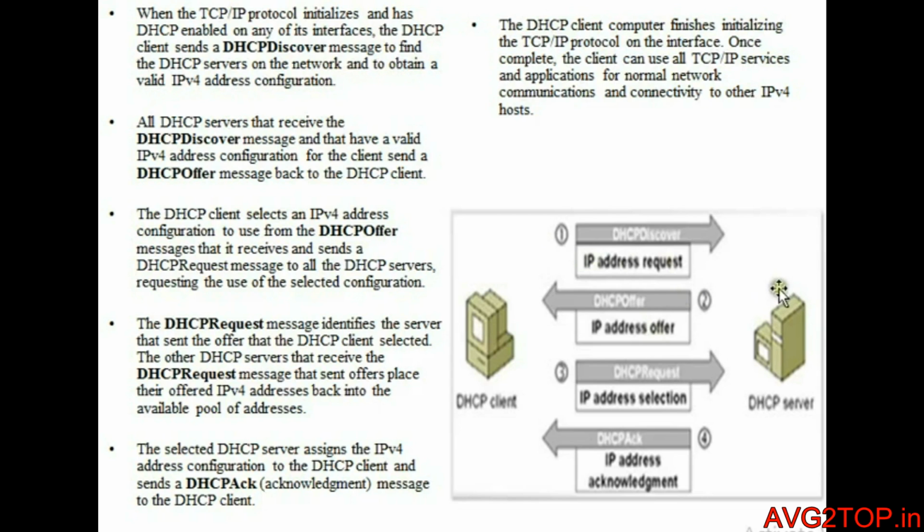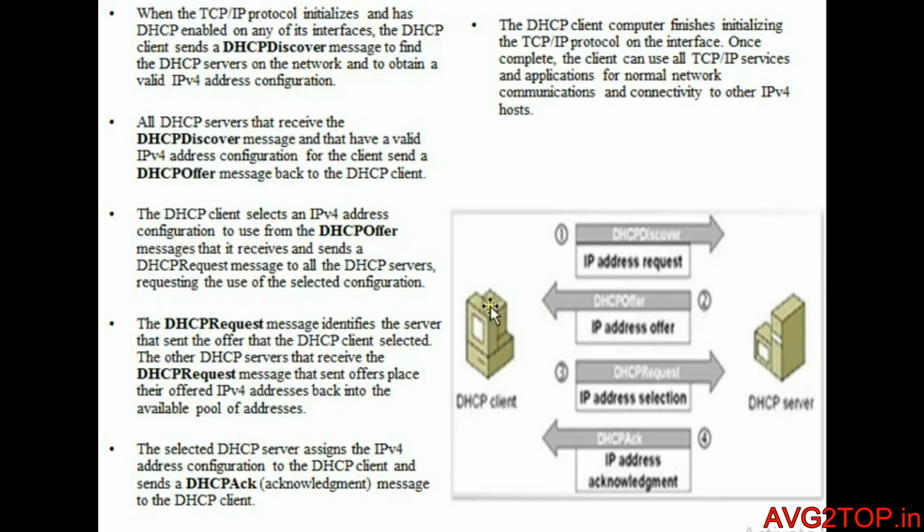Once the computer is on and you try to connect, TCP first tries to connect to the network. At that time the server gives an offer that I am available here. Give me a request so that I can process.